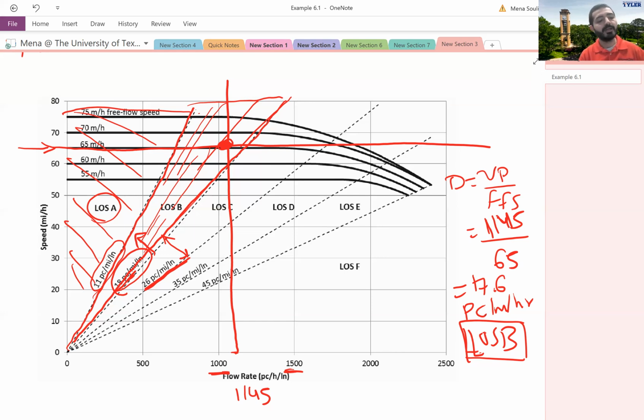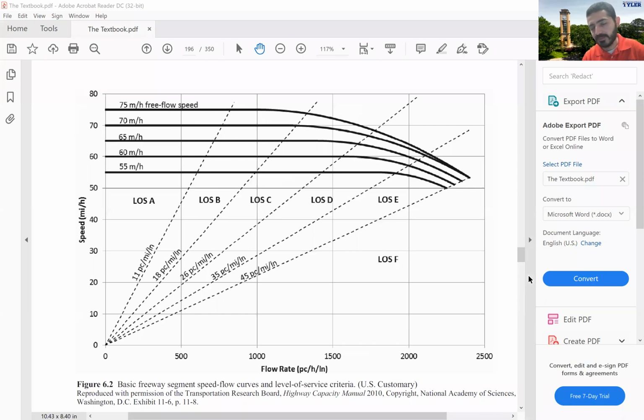All right. We're going to shift now to example 6.3 in your textbook again. So going back to here, and now let's go to example 6.3, and that would be for multi-lane highways.